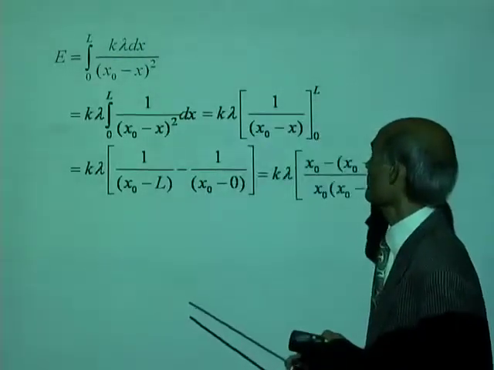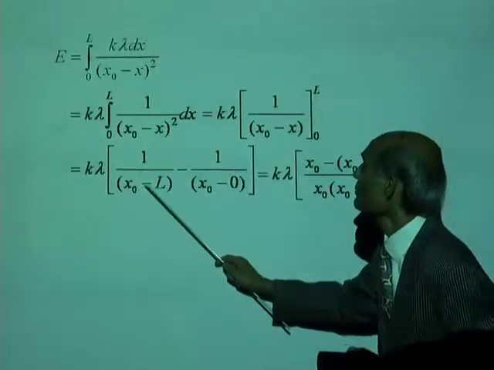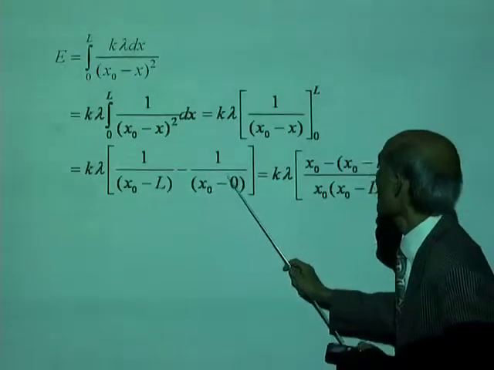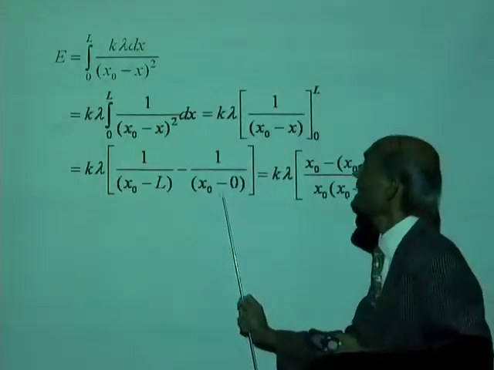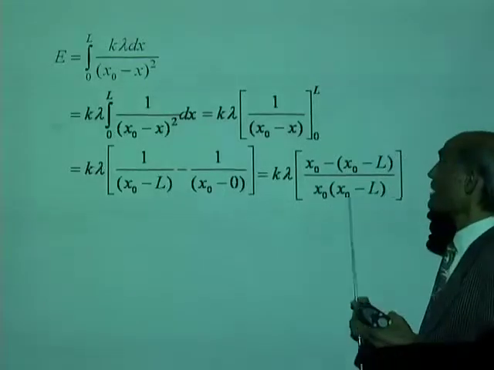What does that become? That will be k lambda times 1 over (x0 minus L) minus 1 over x0, and I take x0 times (x0 minus L) as the common denominator.